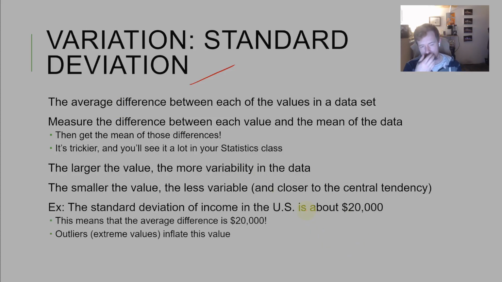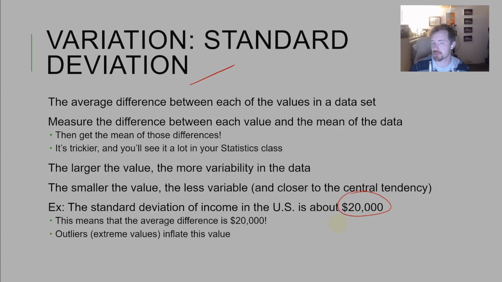The example here, the standard deviation of income in the U.S. is about 20,000, which means that if we were to take every single person in the U.S. and try to find the average difference between the scores, it would probably be about 20,000. And outliers can absolutely make this number higher than it is.